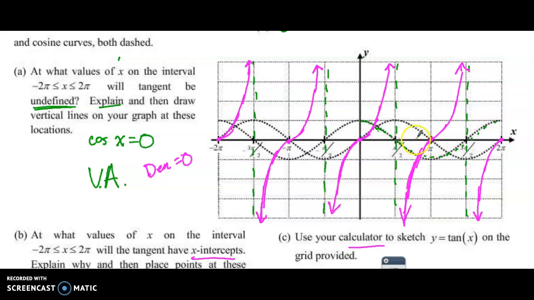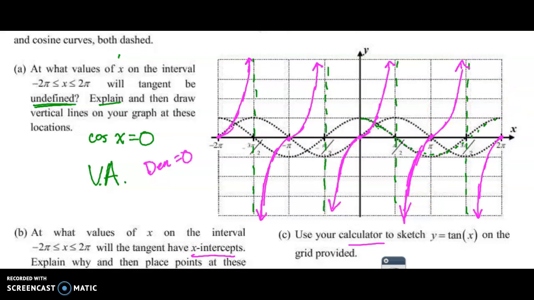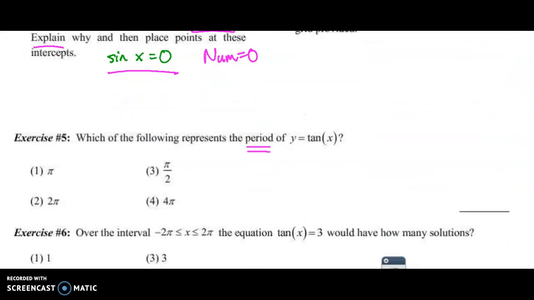Its x-intercepts are at pi, and it's going up and to the right, down and to the left. So for tangent and cotangent, if that question shows up, and I'm sure it will, it repeats every pi radians. So just put that in the back of your mind.